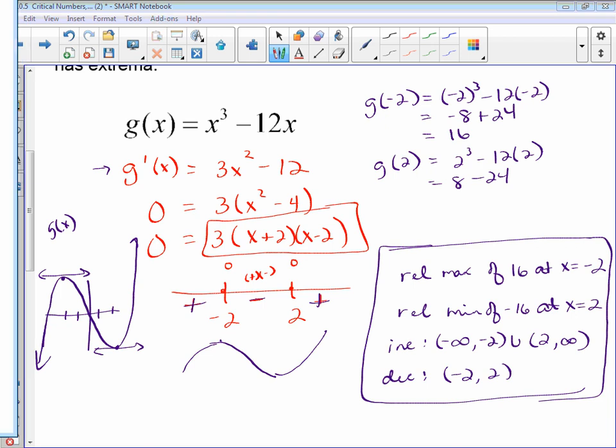So if the slope is 0, that just means, whatever the graph is, you can have all sorts of craziness going on. What's the slope there?